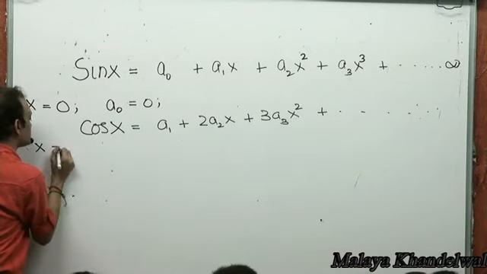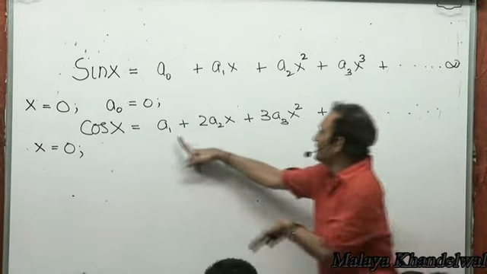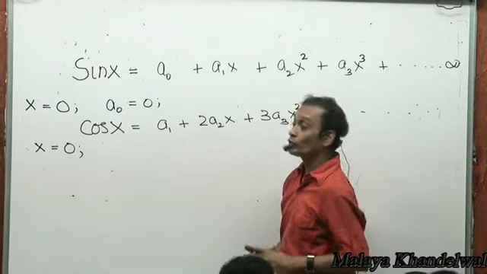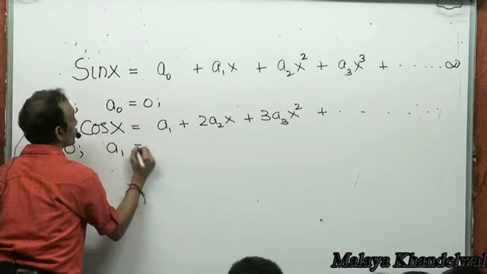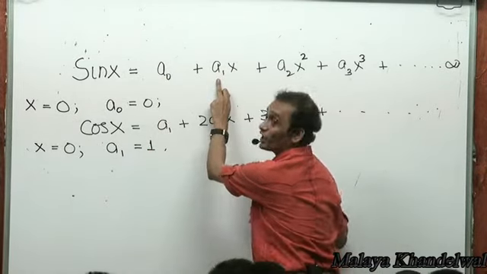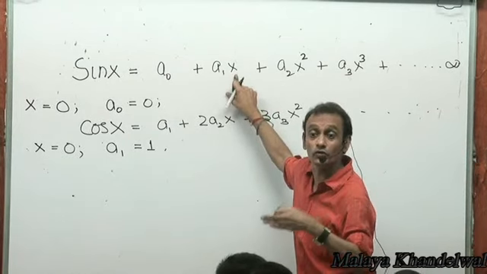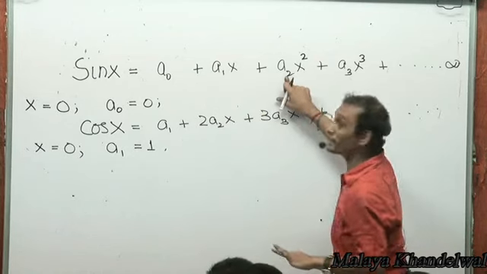Then these terms would vanish, leaving you with a1. a1 equal to cos 0, which is 1. So a0 was 0, a1 turned out to be 1. So the first term is x. Like I had written earlier, sin x equal to x minus x cubed by 3 factorial, and so you would expect a2 to be 0.